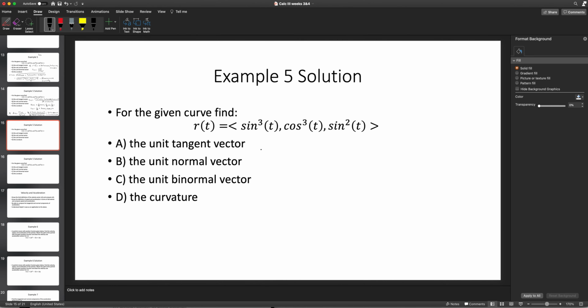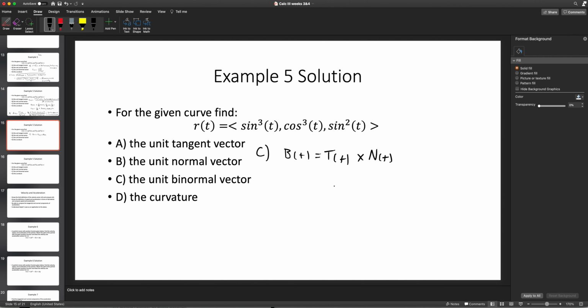So now we want to compute B of t, T of t cross N sub t. B of t, of course, is going to be normal to both T sub t and N sub t, hence binormal vector, because you're taking the cross product.